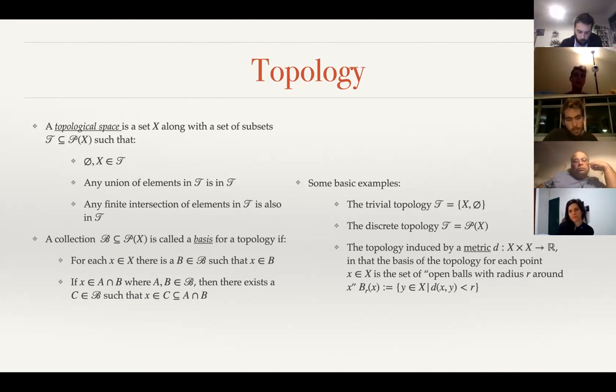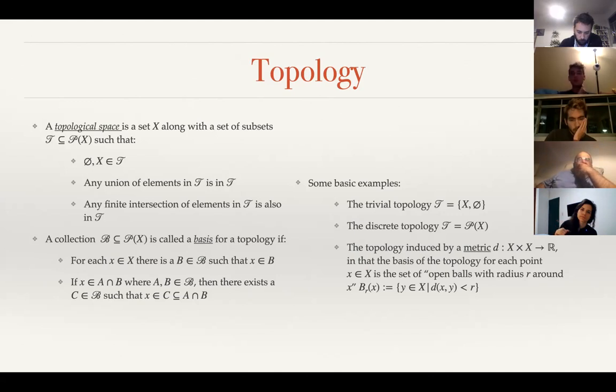So a basis is just something that can produce a topology, in the same way that a vector space basis produces the whole vector space. It can produce the whole topology just by doing unions and intersections with the sets of the basis. A few examples.